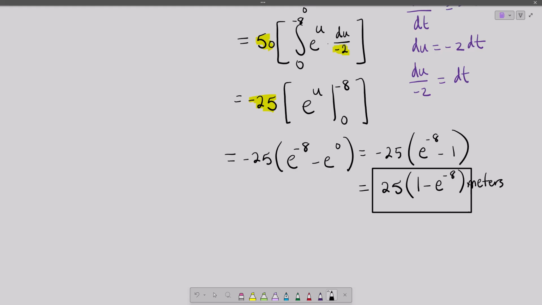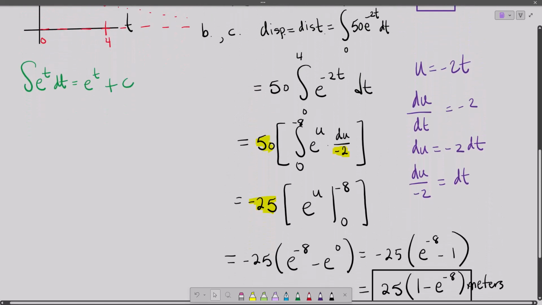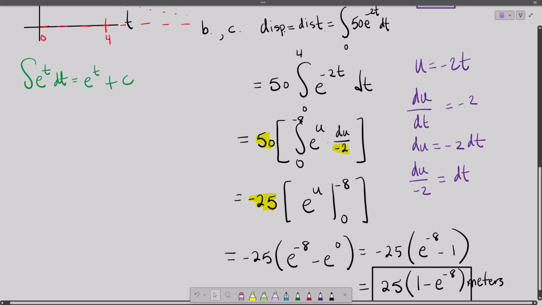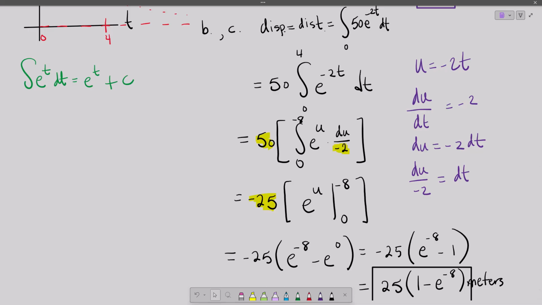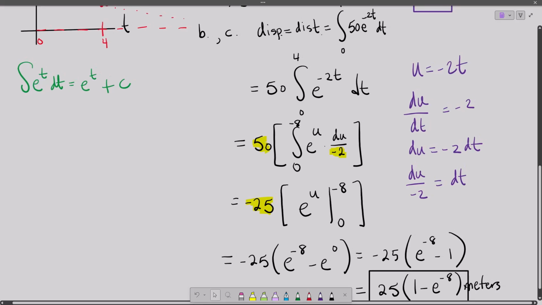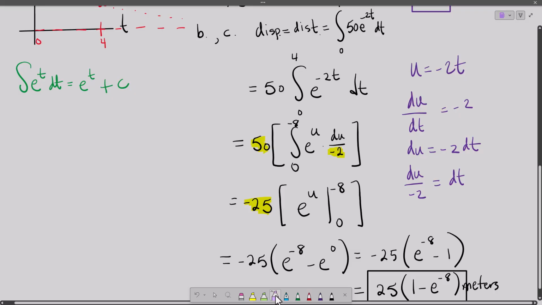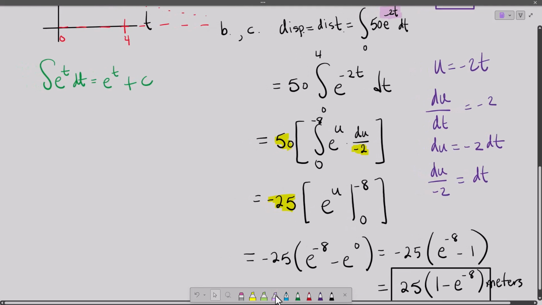I want you to notice something. U substitution, vital. It is done so much in this class that we have a shortcut for U substitution when the substitution is a linear function. Our substitution was this negative 2t right there.